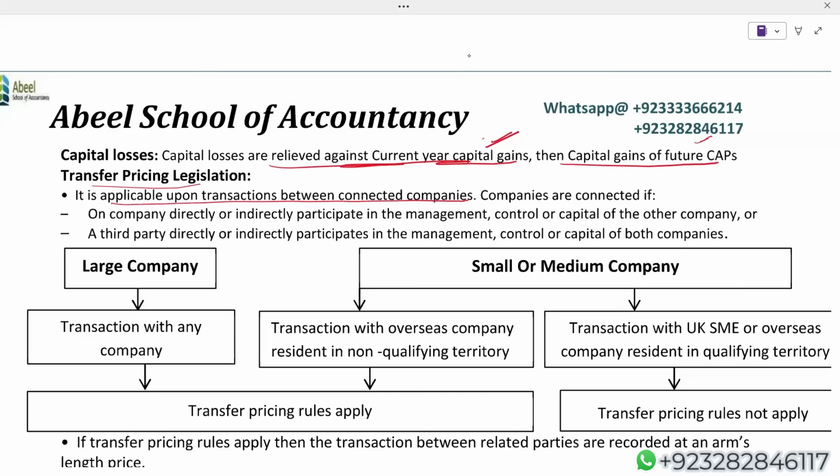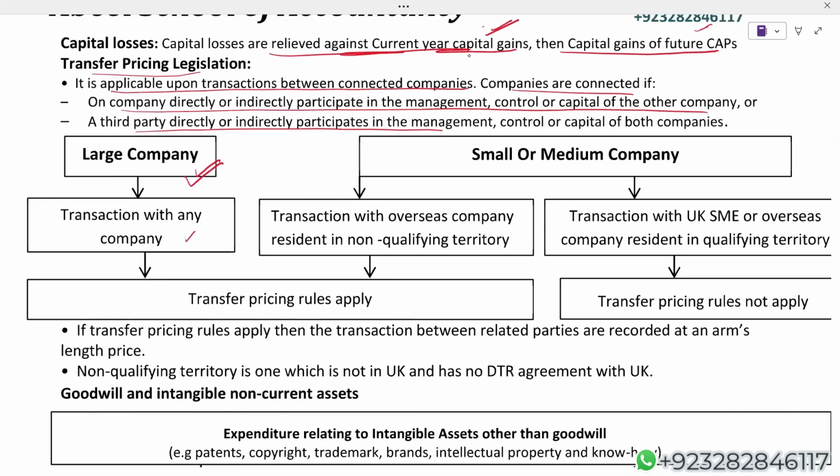Large companies: transaction with any company. If it is a large company, transfer pricing rule applies. We know that a large company is a company where your augmented profit limit exceeds 1.5 million.